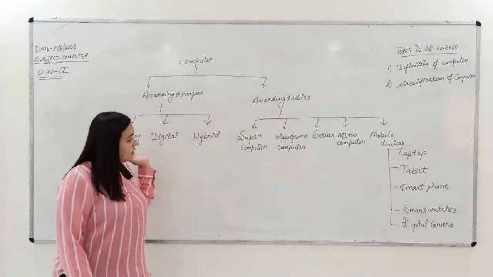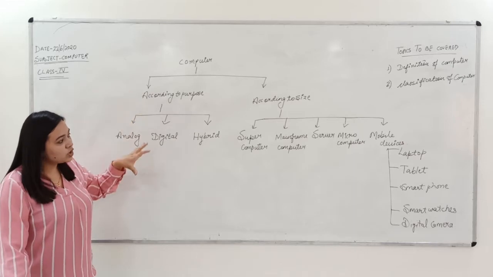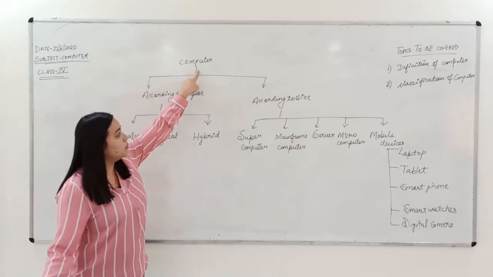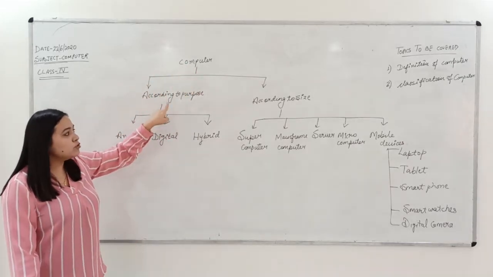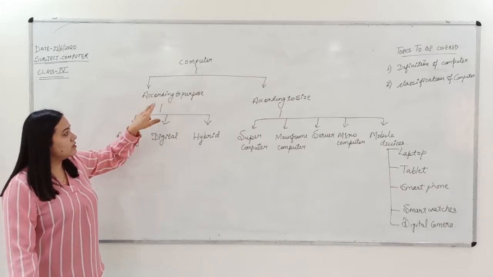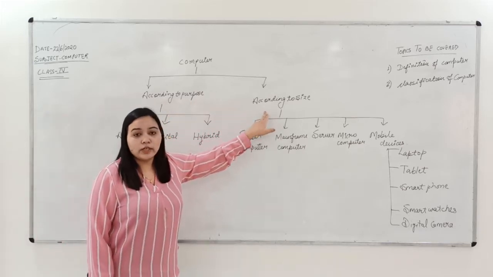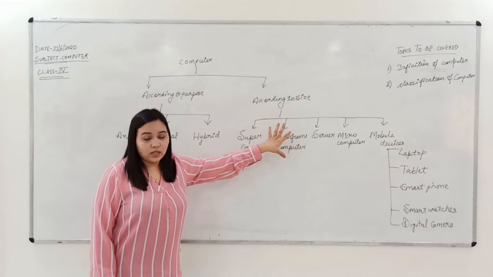So this is a chart that I have prepared, and in this chart we can see that a computer is divided into two categories. Firstly, the first category is according to purpose. The second category is according to size.